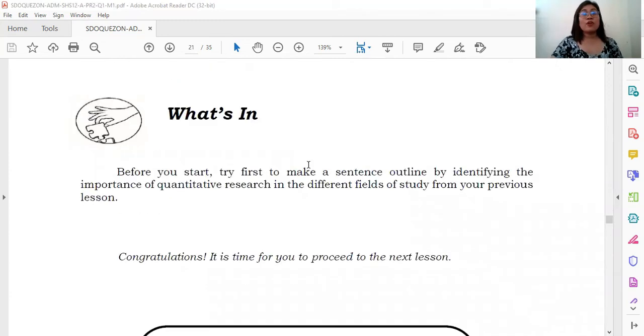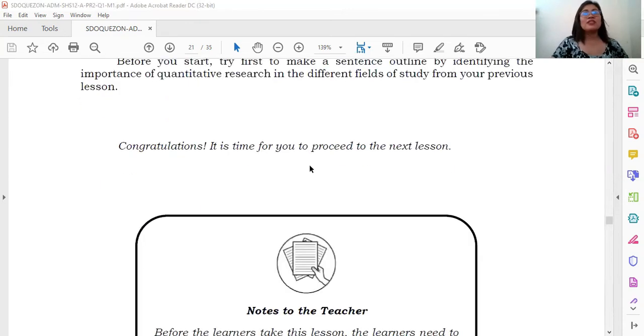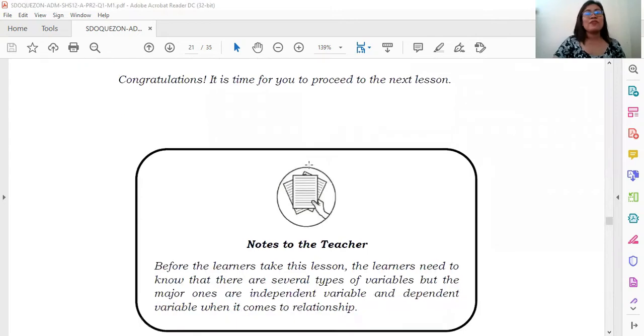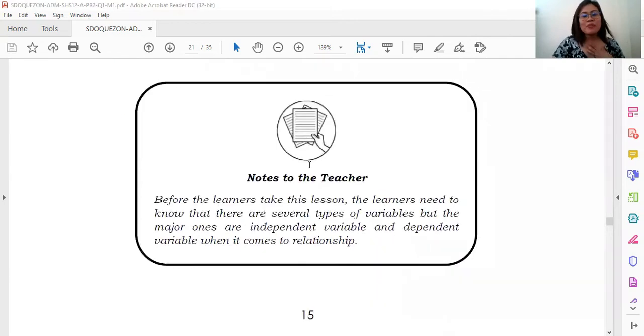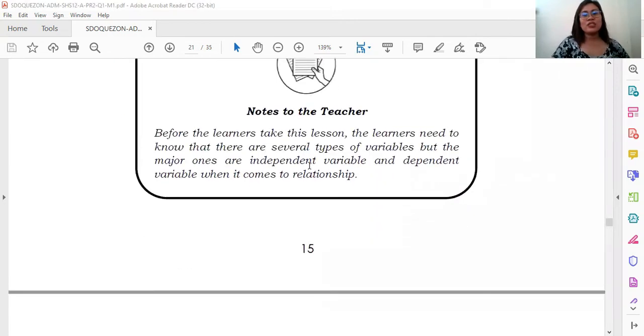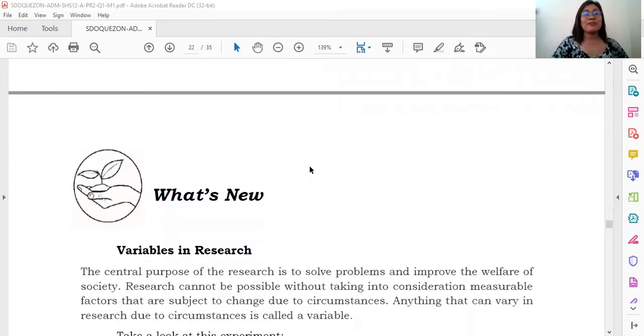For What's In, you'll make a sentence outline to identify the importance of quantitative research in the different fields of study in the previous lesson. So you'll just write one sentence to tell me the importance of research in the different areas of discipline.